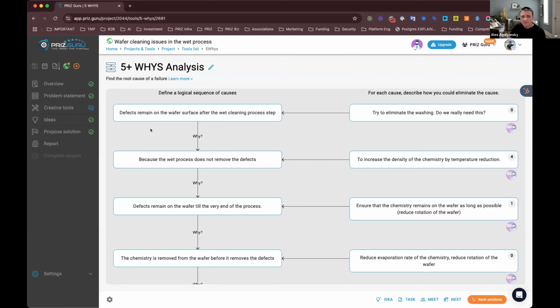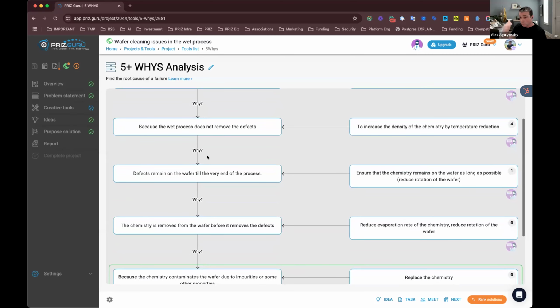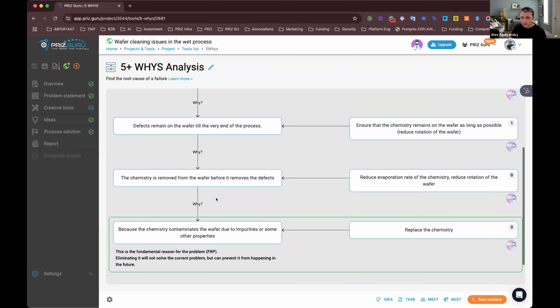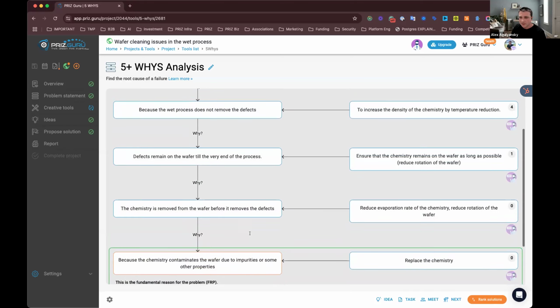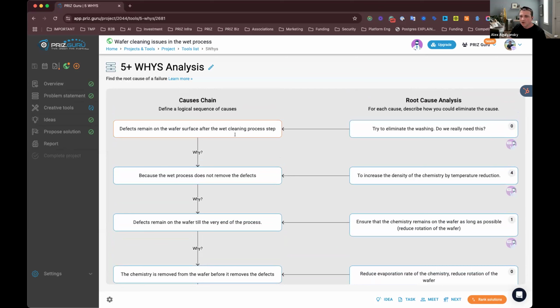And the way we approach it, first of all, we go with a linear approach, asking the same question, why something happens, until we get to what's called a fundamental root cause, or a dead end from our perspective. Each and every one of these causes may or may not have a solution. In this case, we said increase the density of chemistry by temperature reduction.